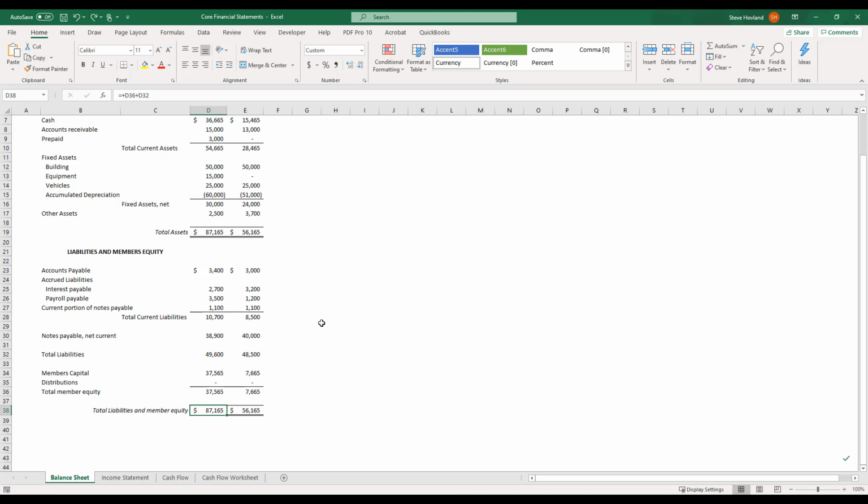A lot of times you may even have a transposition error. Let's say this says 87,165 and down here says 87,615 or something like that, or 156. So your mind's eye doesn't see it, and you don't catch it, and then you hand it to a banker, and of course they're going to look at you like, your balance sheet doesn't even balance.